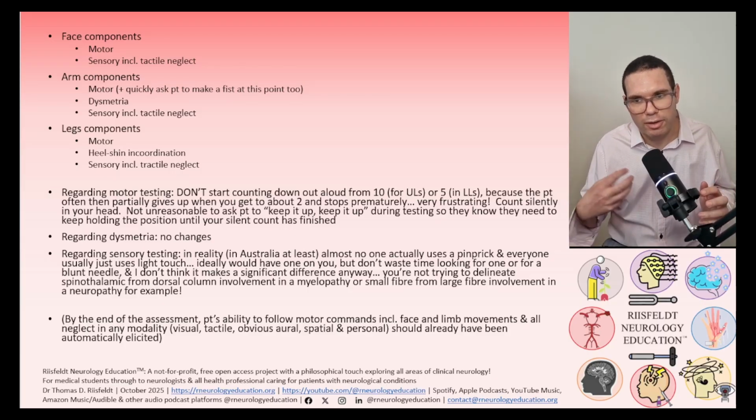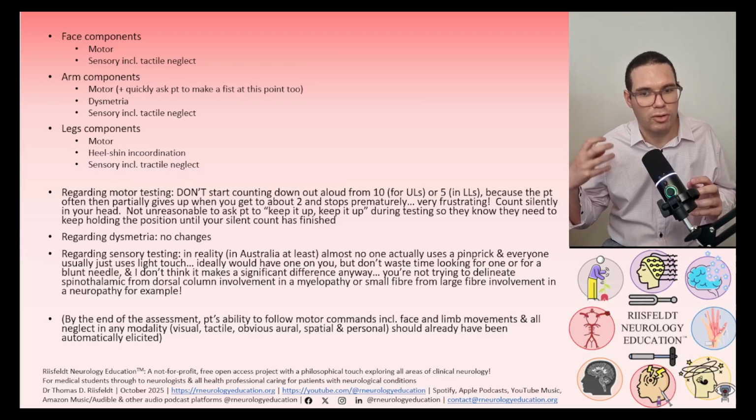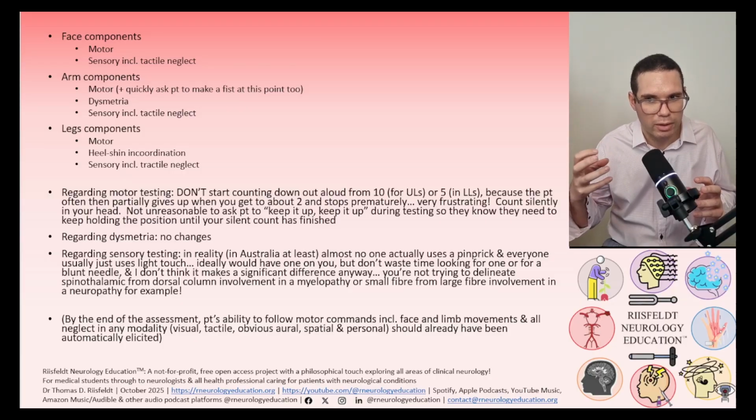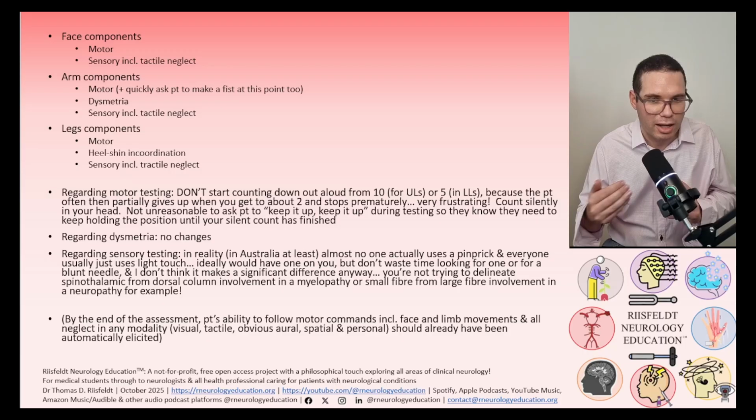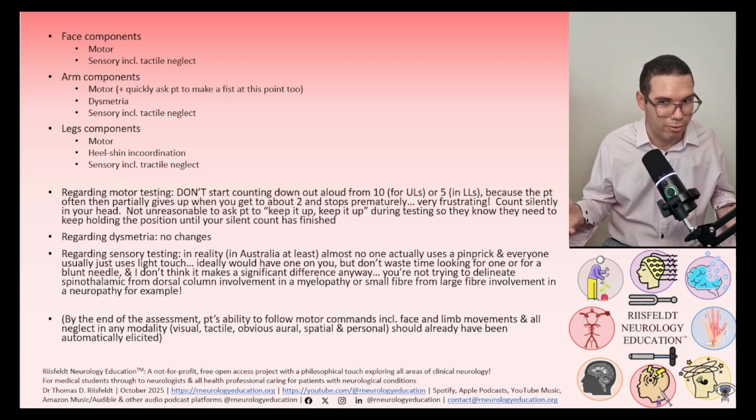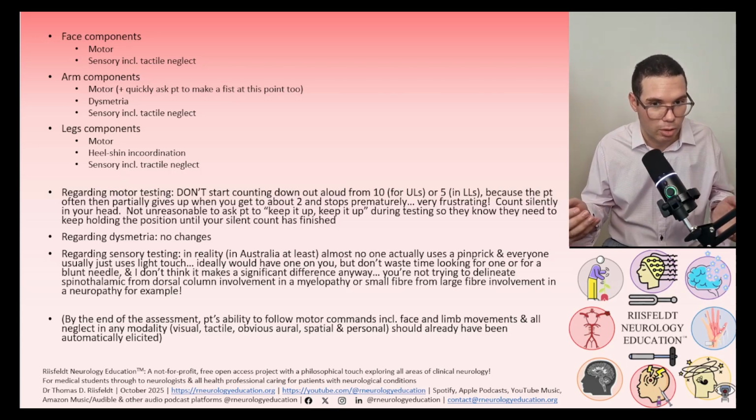We just want to know, does this person have a stroke which is causing cortical or subcortical but cerebral or brainstem interruption of the sensory pathways? So if you test light touch and they have impaired sensation versus they don't have impaired sensation, I think you've answered your question and you've done your job.